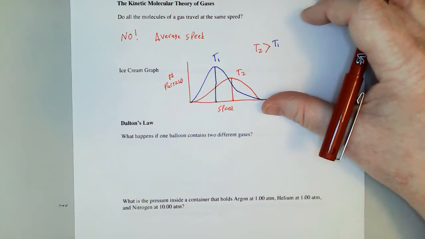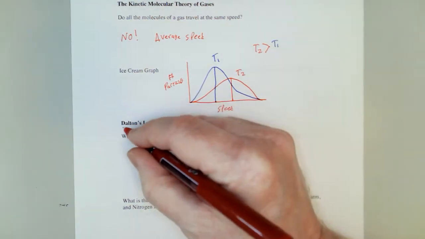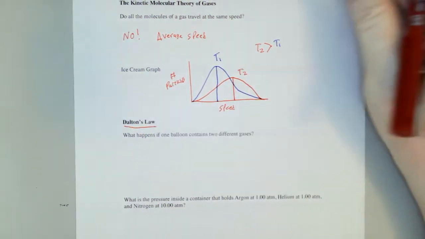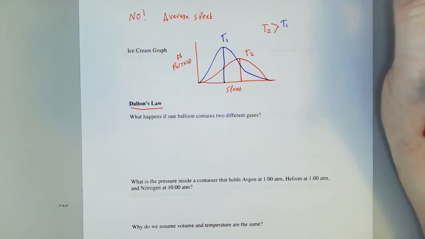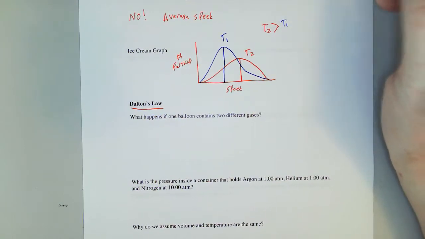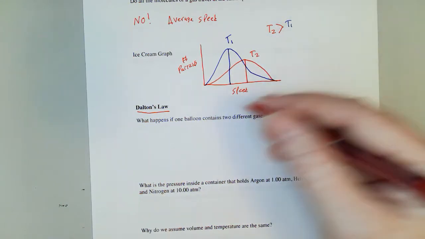Okay. Now, let's picture a balloon now to illustrate something called Dalton's law. And it contains air. Now, air is not just one compound. There are three different gases, okay, in air.